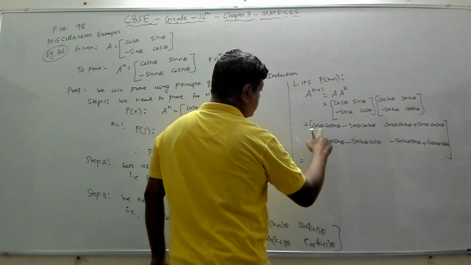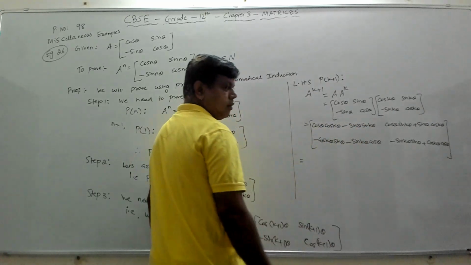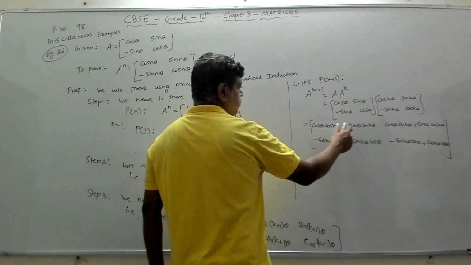And what is this? This looks like cos A cos B minus sin A sin B. This looks like that formula, right?